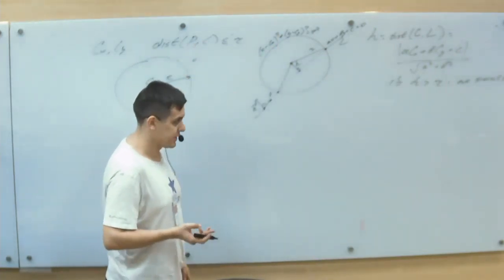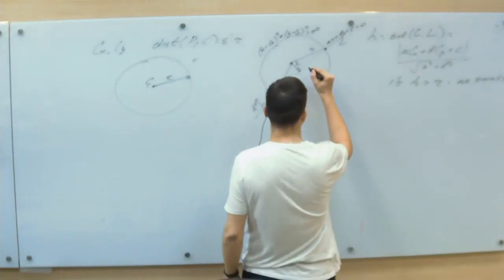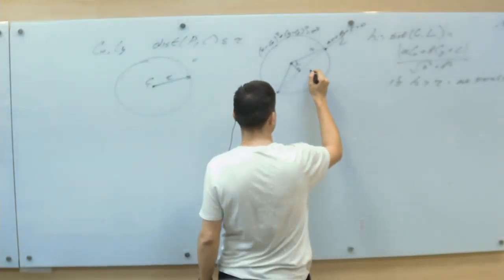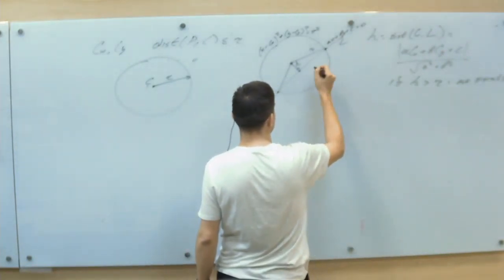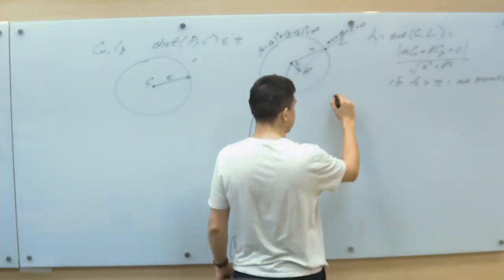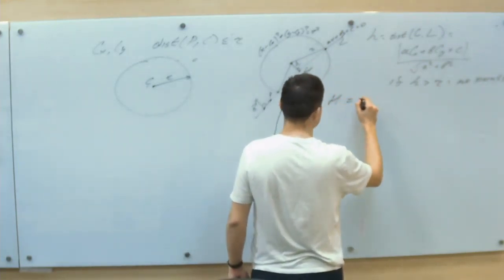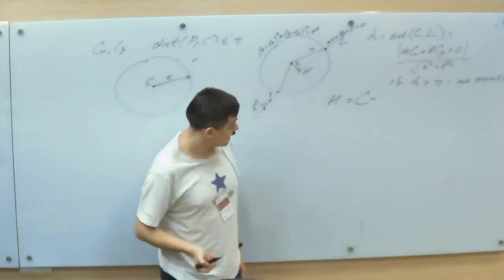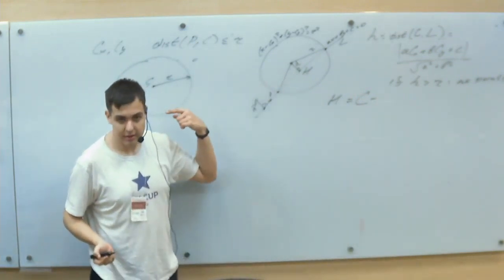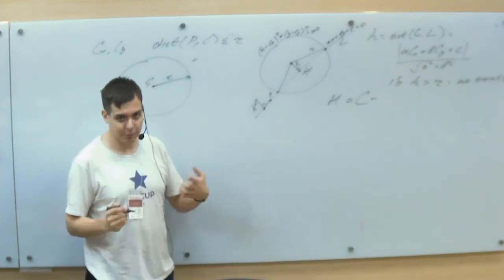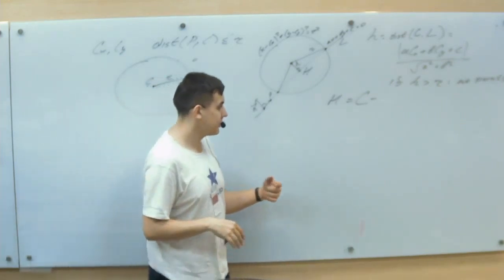Sign distance helps us. So the projection point, let's call it H large. H large is center minus the distance times the normalized normal vector. Sorry, normal.